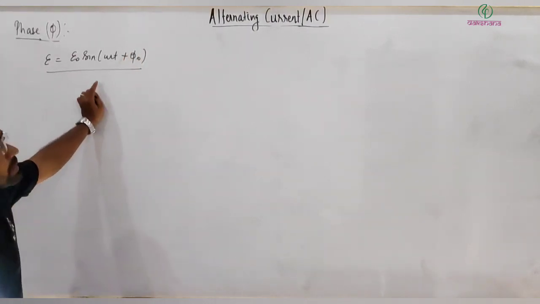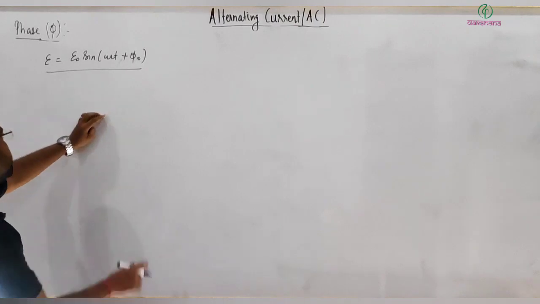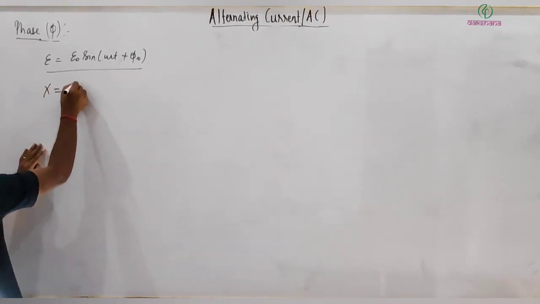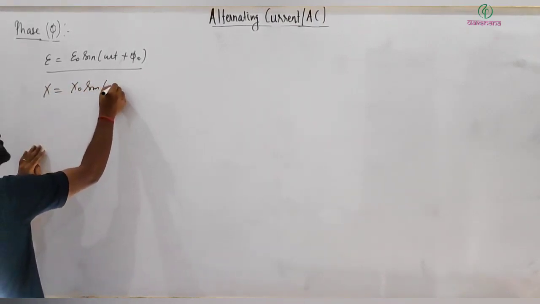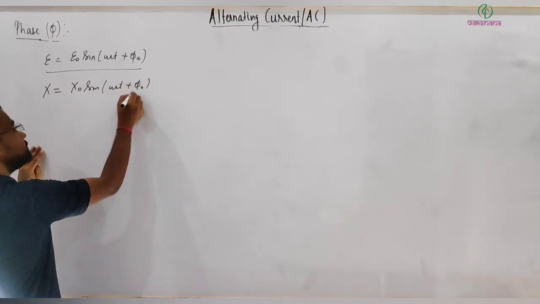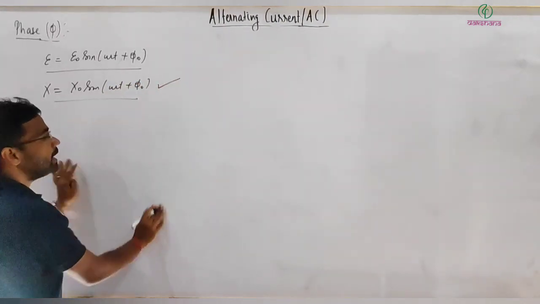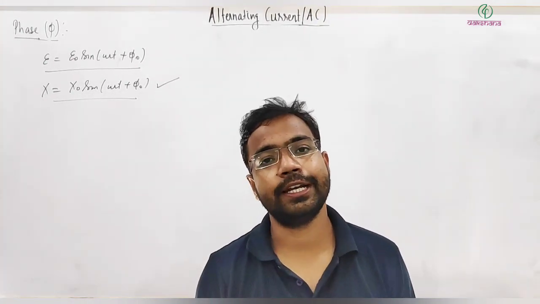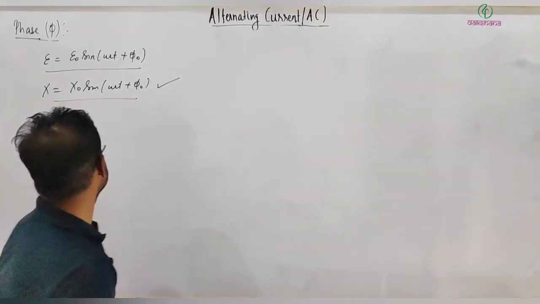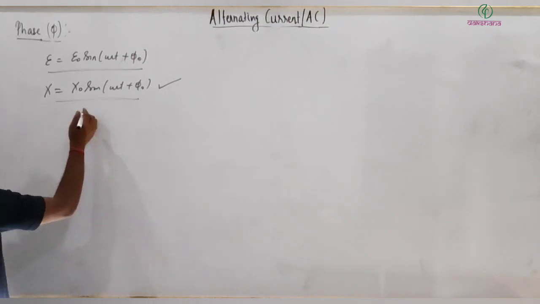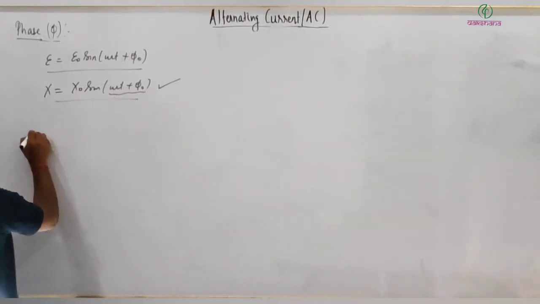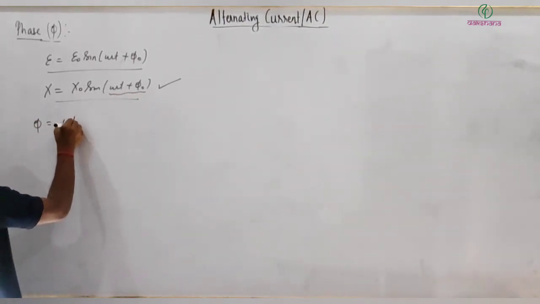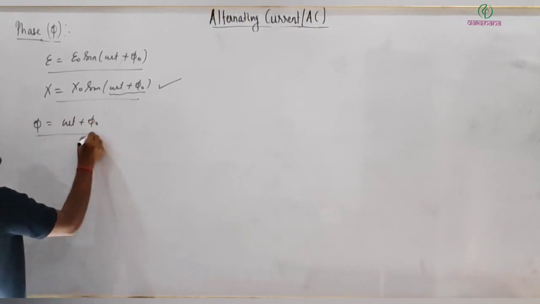So if this is one alternating quantity, or in general term I can write x is equal to x naught sine of omega t plus phi naught. So this is one alternating quantity that can represent alternating current or alternating voltage. In that case, here we have this quantity, that is phi, we write it omega t plus phi naught.